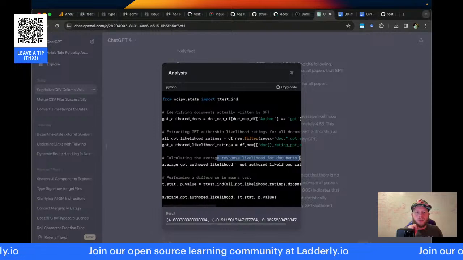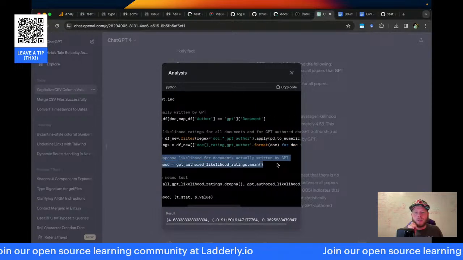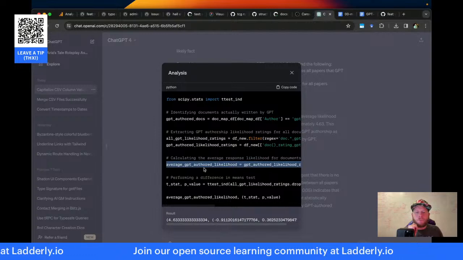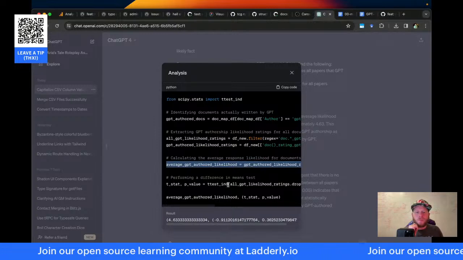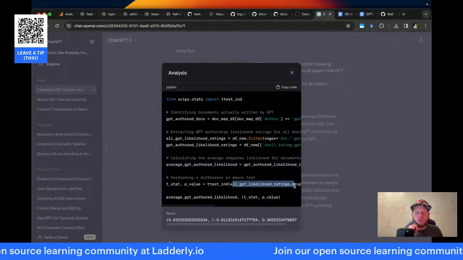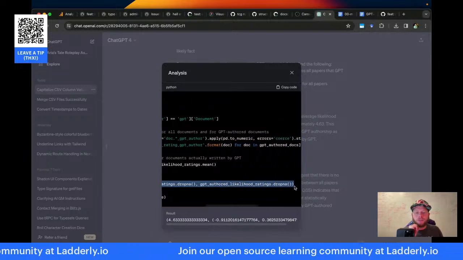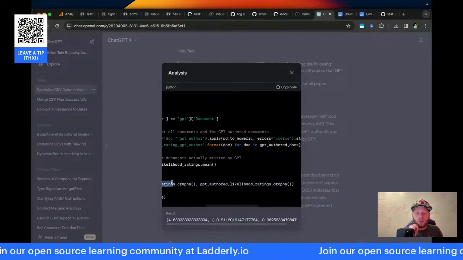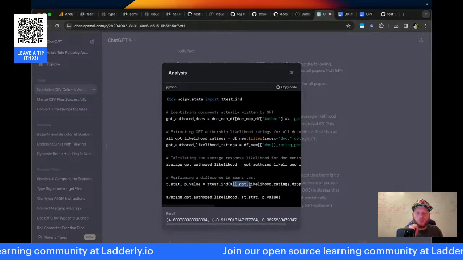Average response likelihood for documents actually written by GPT. Okay, so all is on the left here, and actually authored is on the right.